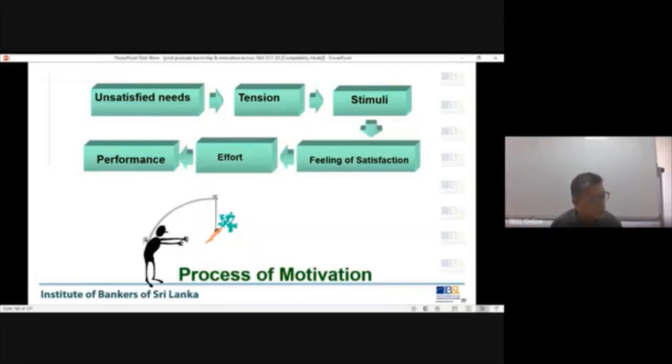First, we look at it. What are our objectives? Organizational objectives. Maybe profits, maybe production, productivity, or whatever.